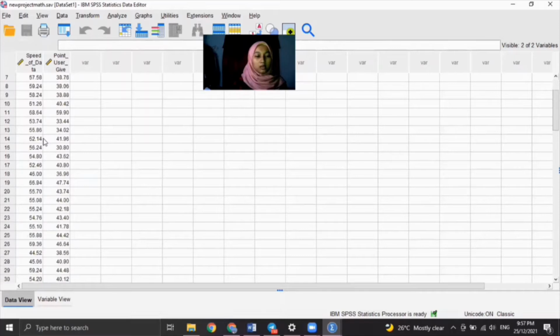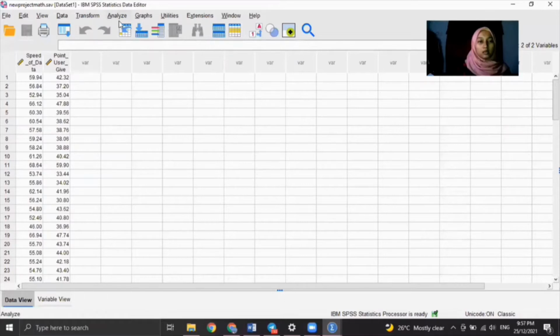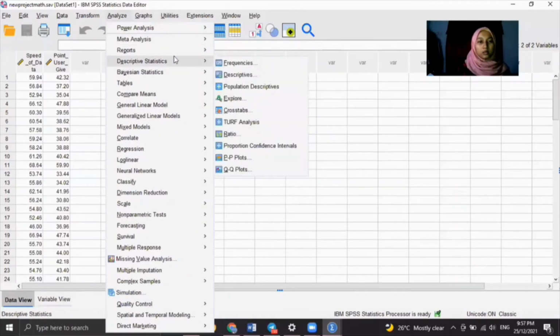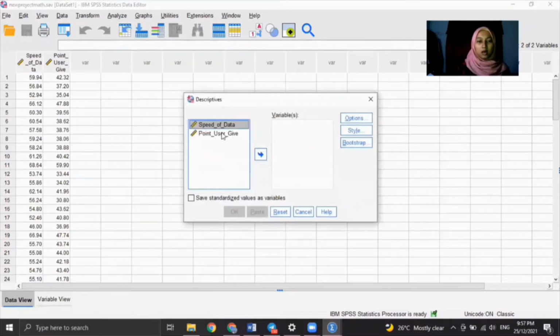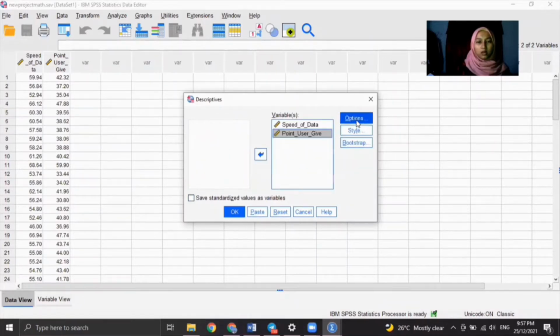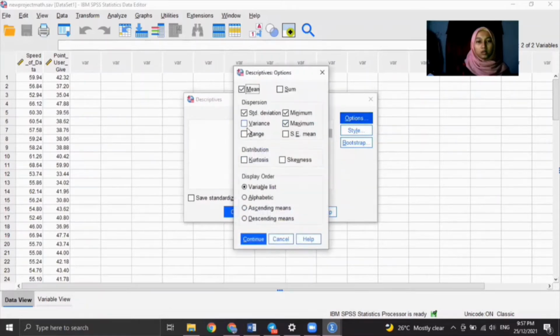Okay, so next I will click analyze, then go to descriptive statistics and click descriptive. Then I'll move the speed of data and also point user give to here, and then click the option.